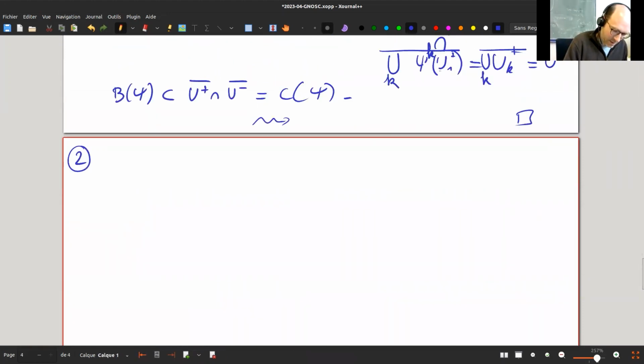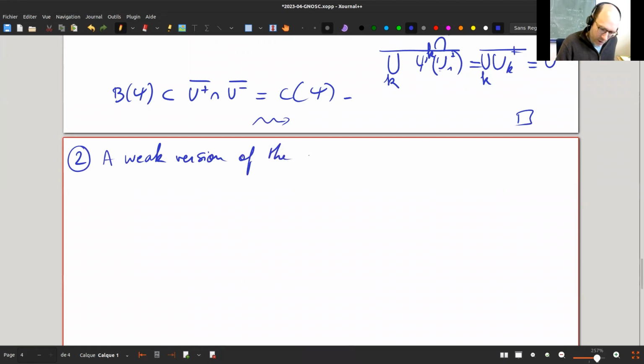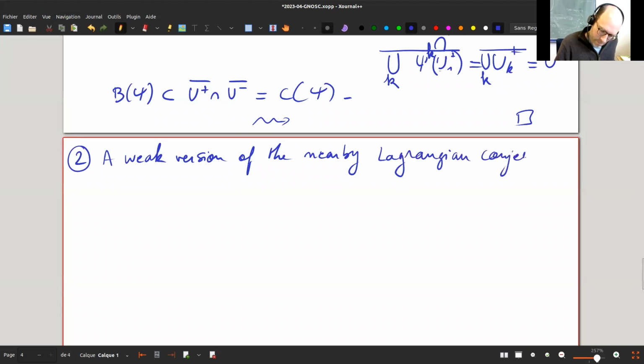That will be a weak version of the nearby Lagrangian conjecture, which I will write NLC.